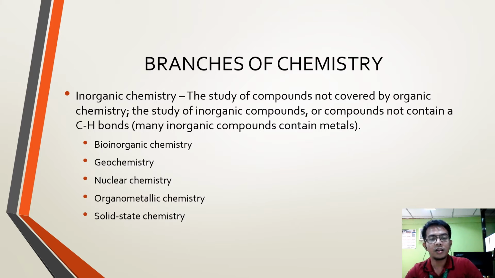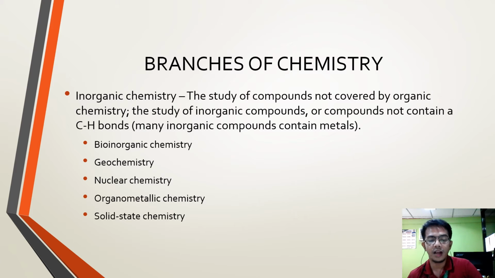The second branch is inorganic chemistry. Inorganic chemistry is the study of compounds that are made of only one or no carbon elements. This is a branch of chemistry where some carbon compounds are included but they don't contain C and H bonds.